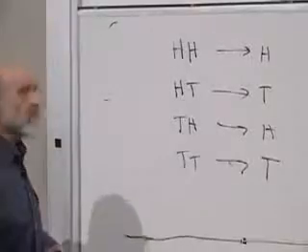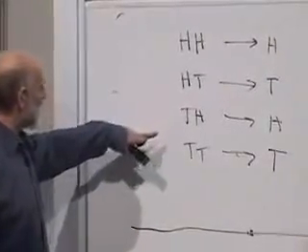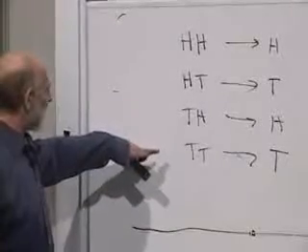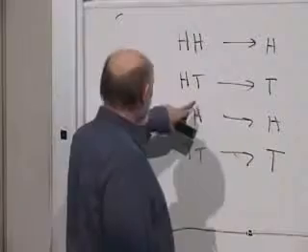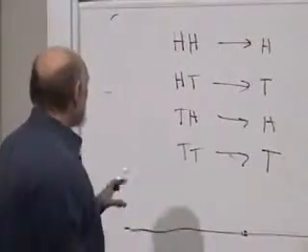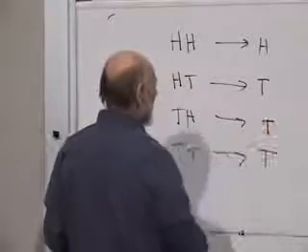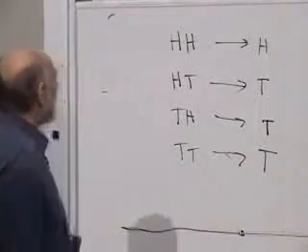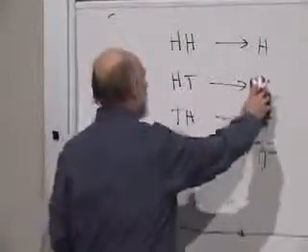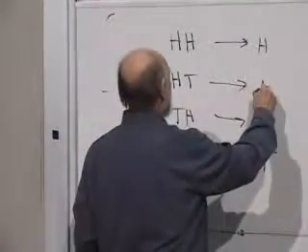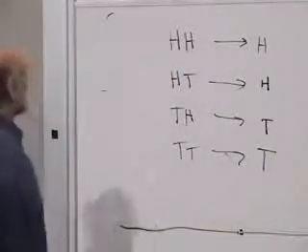It only depends on the last state. Doesn't matter. Oh, you're right, sorry. We want this one to go to tails. The second one goes to heads. That won't work.